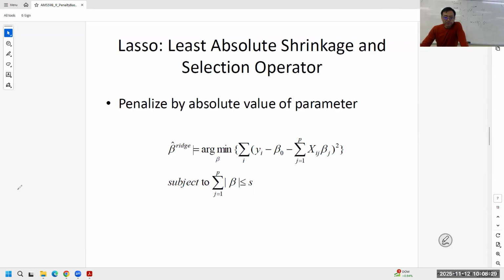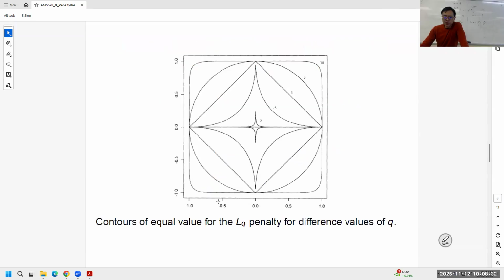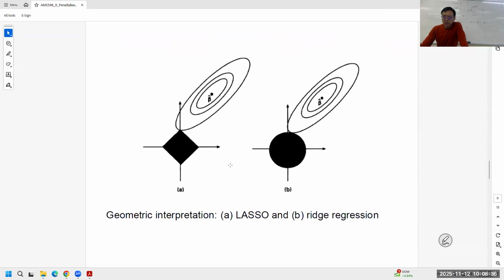Now, what does lasso do? Essentially, let's look at this term first. For the ridge regression on the right hand side, the constraint is the summation of beta j squared less than or equal to some constant. So our constraint, the feasible region, is going to be a circle around the origin, right?